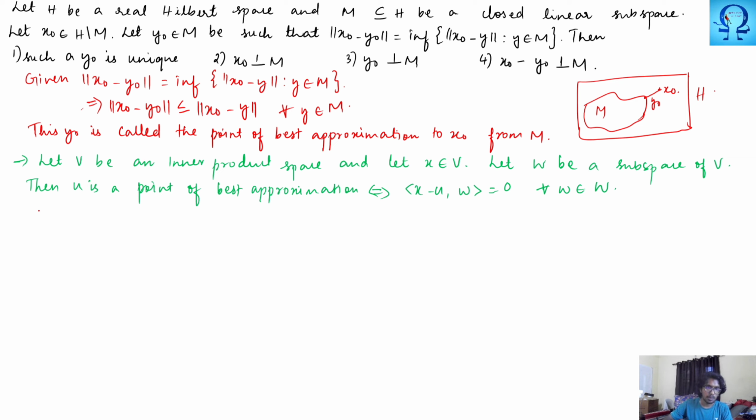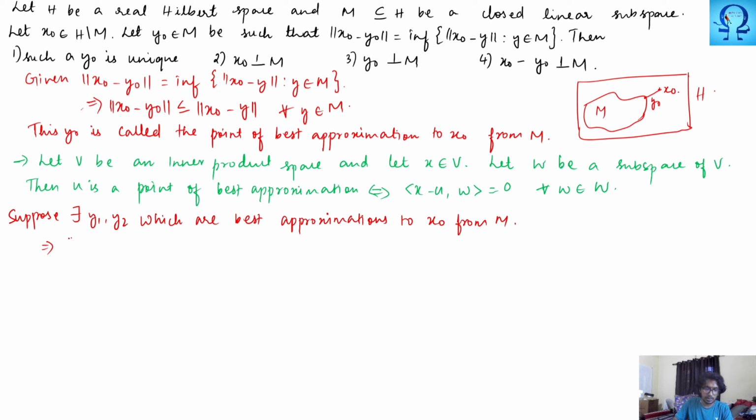Suppose there exist y1, y2 which are best approximations to x naught from M. Then what can we write?